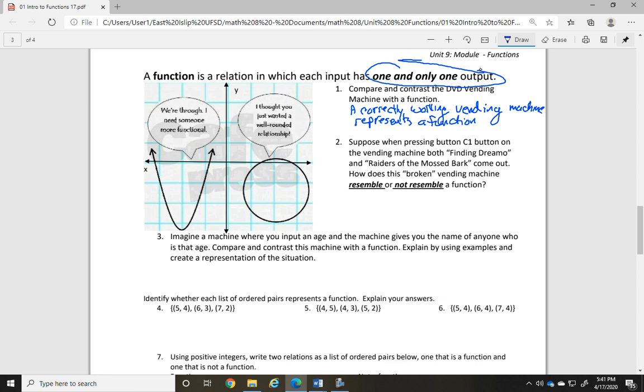So suppose when pressing button C1 in our vending machine in our Do Now, suppose both Finding Dreamo and Raiders of the Moss Bar come out. How does this broken vending machine resemble or not resemble a function? It's not a function because one input can't have 2 outputs.